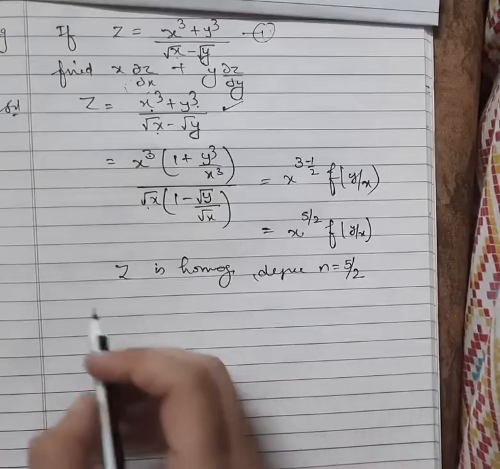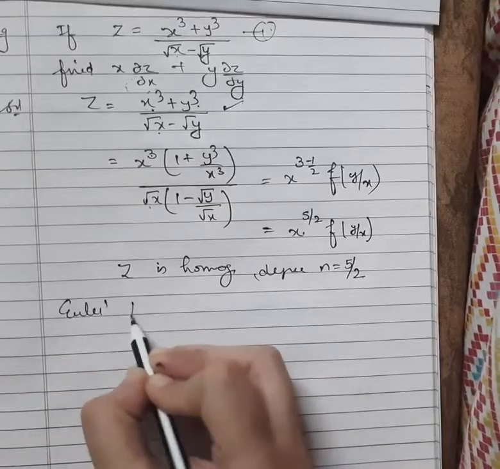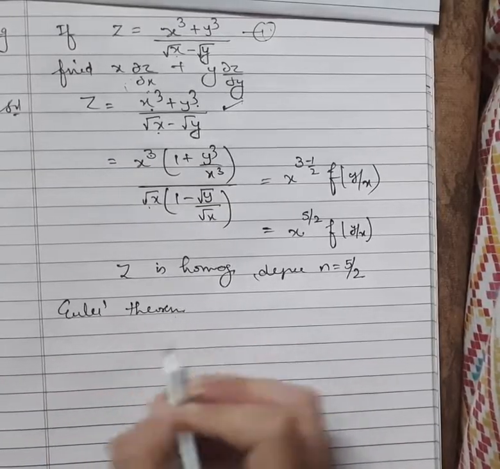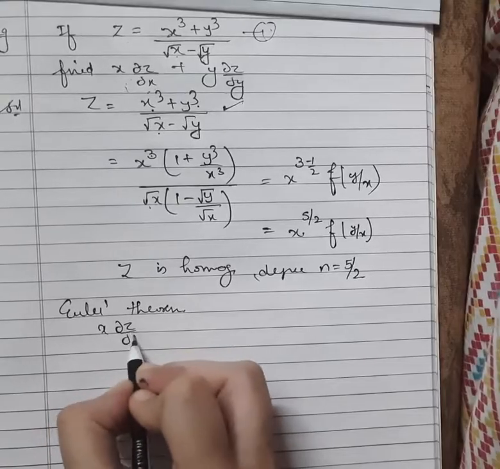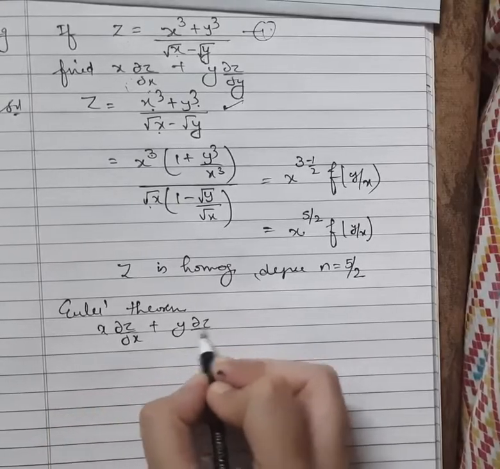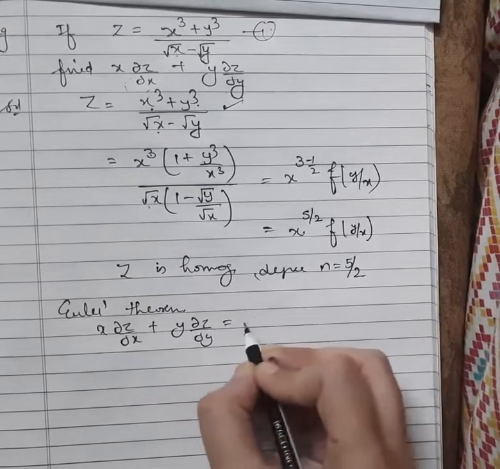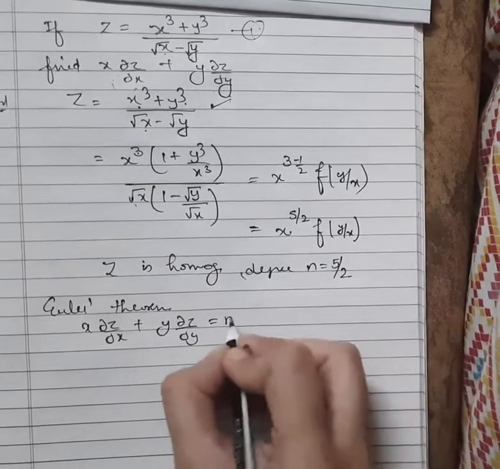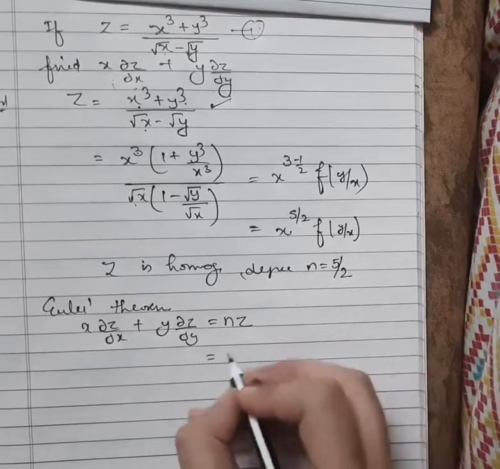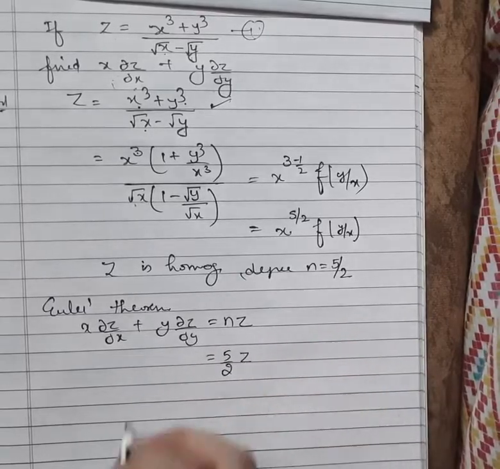Now if its degree is 5 by 2, what does Euler's theorem state? Euler's theorem says that x times curl z by curl x plus y times curl z by curl y is equals to nz, which is equals to 5 by 2 times z.